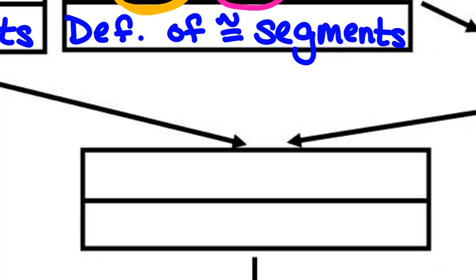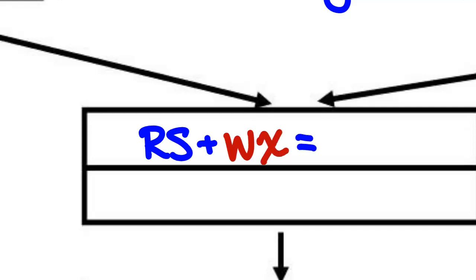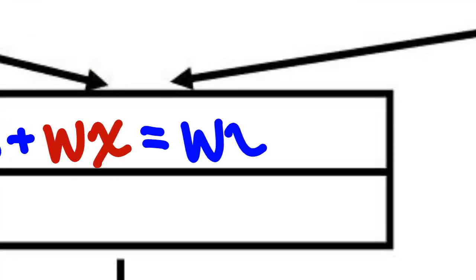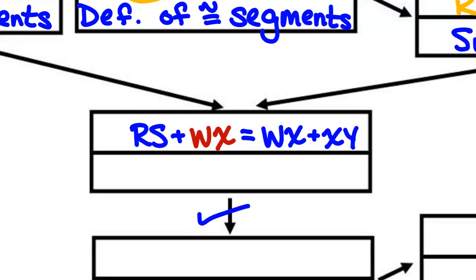I can have RS plus ST, or sorry, plus WX. I'm going to replace that with WX equals WX plus XY. I just swapped something out that has equal value. What am I using to be able to do that swap? Substitution property.